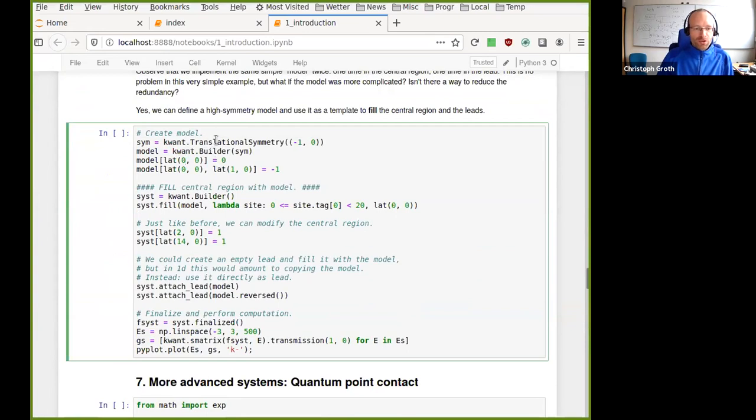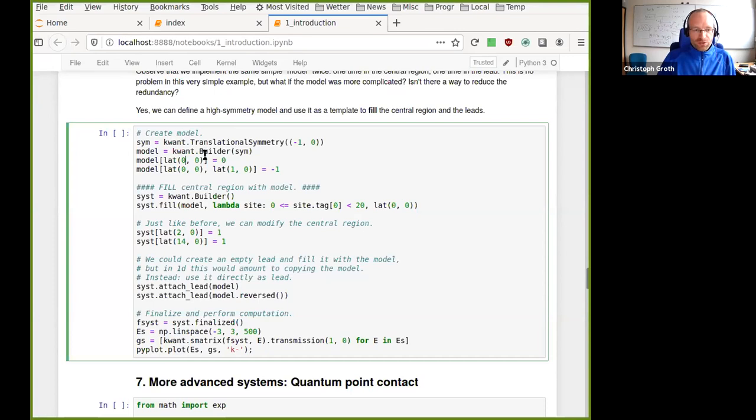So Xavier showed you already the concept of, I forgot to introduce myself. I'm sorry, my name is Christoph Groth. Here, Xavier already showed you the concept of translational symmetry that allows you to create a builder, a system that has a certain translational symmetry.